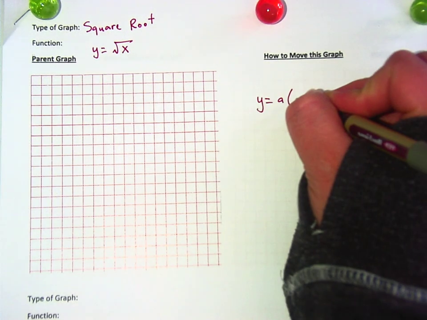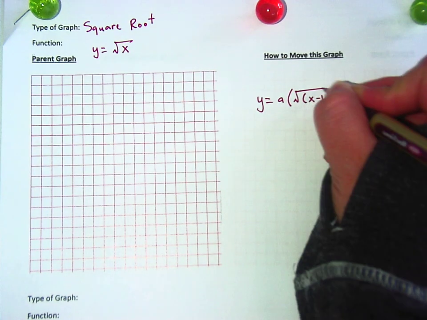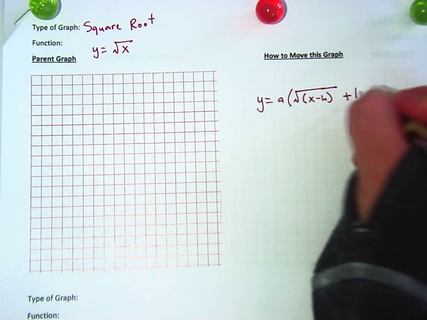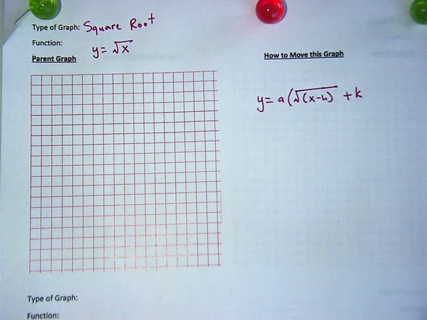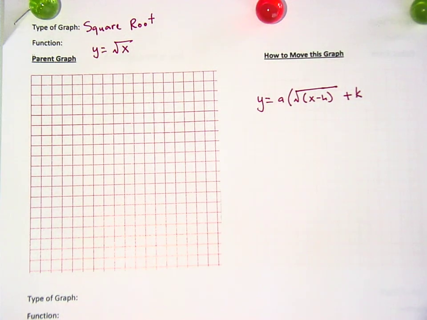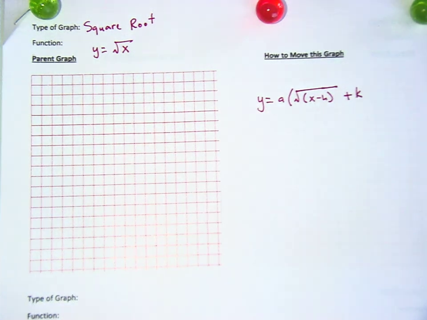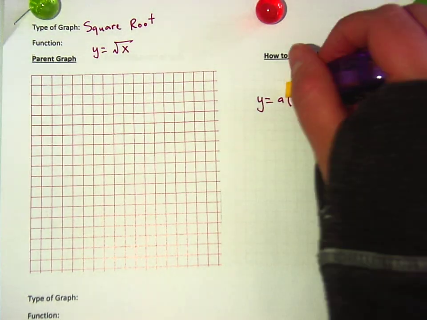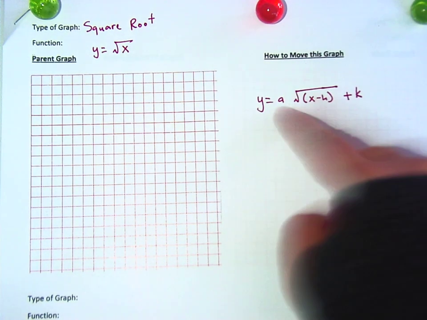A times the square root of x minus h plus k. I don't know why I put a parentheses there. Did not need that. So sorry. Well, as long as you have another parentheses at the end of it.